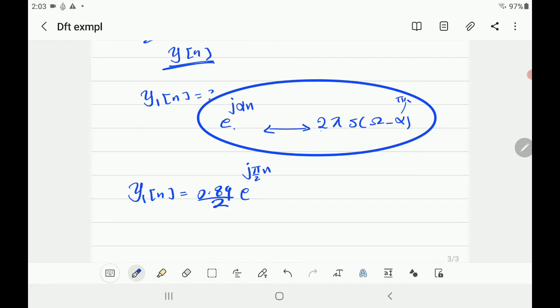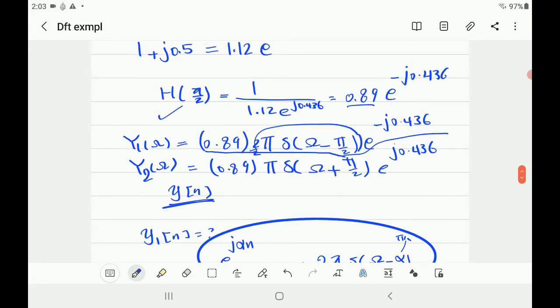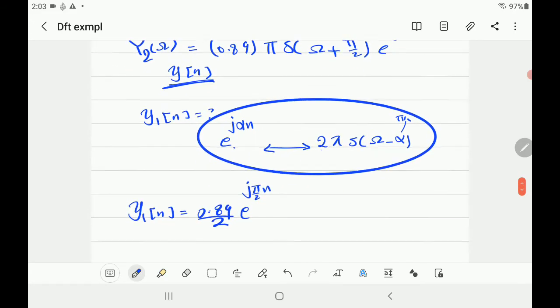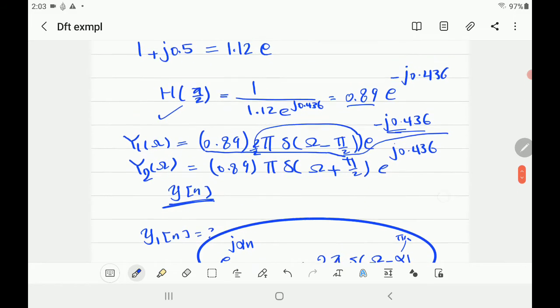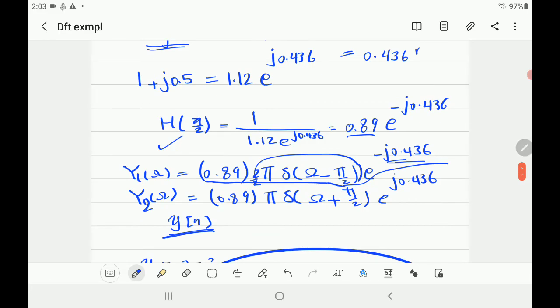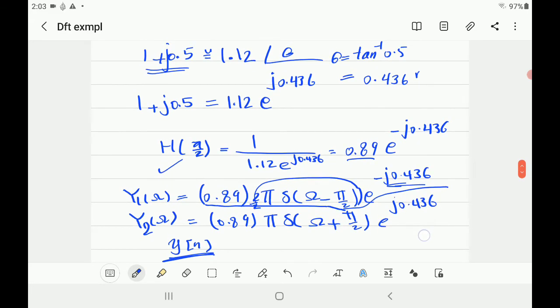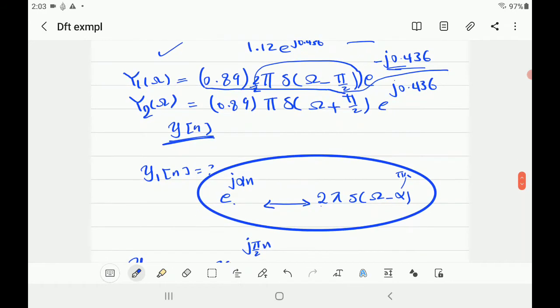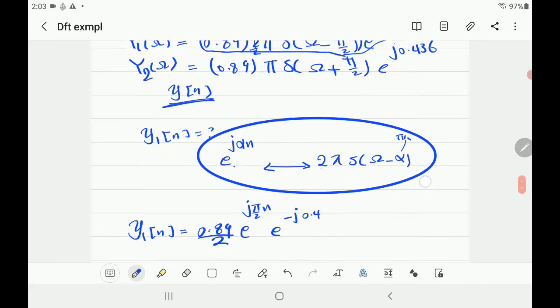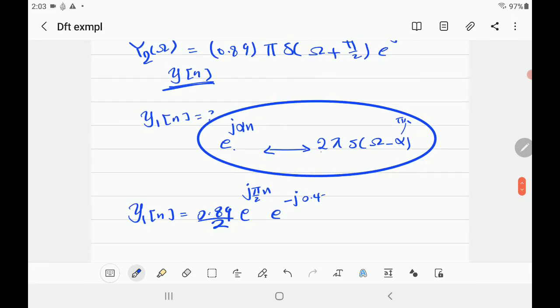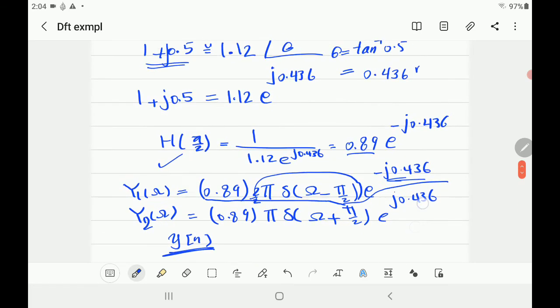Did we miss anything? Oh yeah, there is another constant, e to the power minus j, it's a number, just a constant, 0.436. All right, so we got it right here.